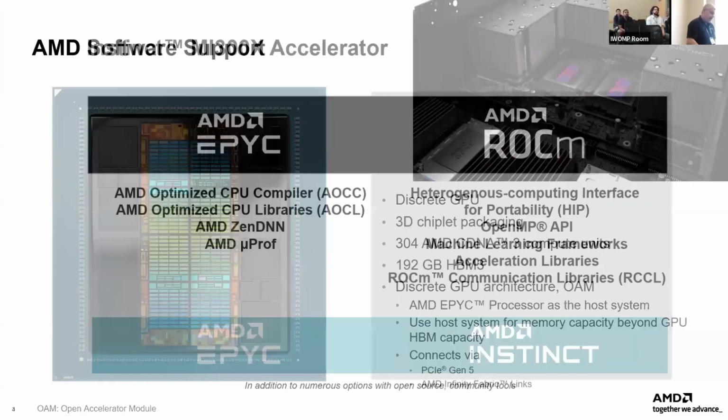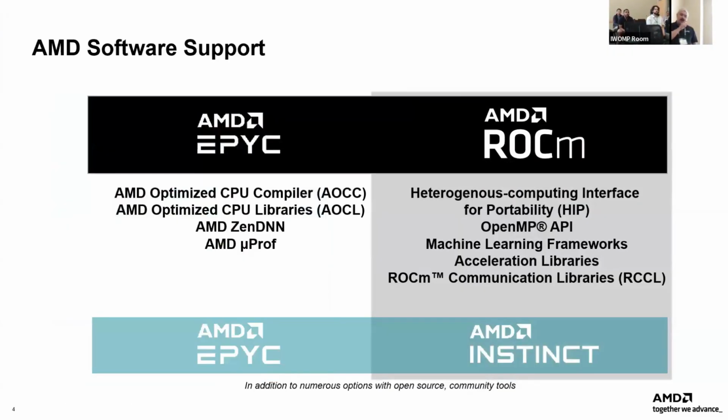All right. Now, regarding software support, and the shaded area is what I'm going to focus on. So AMD has 2 software stacks, one for the EPYC processors, which includes the AOCC compiler still on the old Flang compiler, and the ROCm stack, which includes our GPU software.